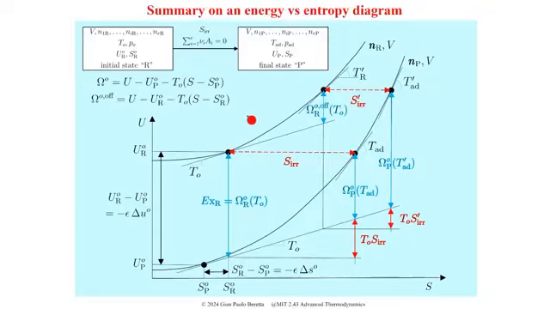So in any place of this diagram, which you remember, at any point we can compute the energy and the entropy. This is the expression for the available energy. Energy minus the energy when the system is in mutual equilibrium with the reservoir.